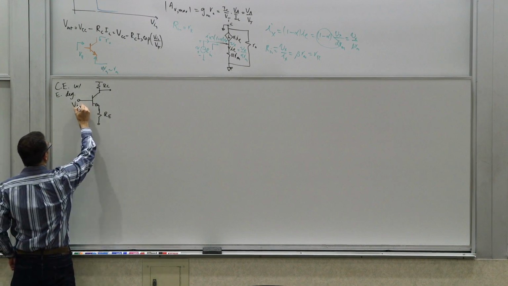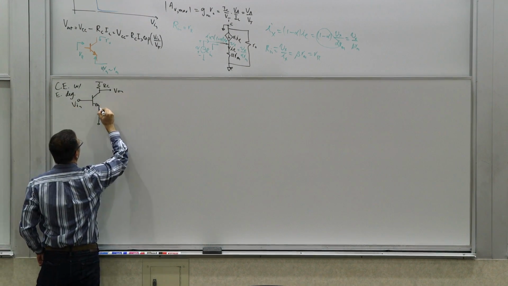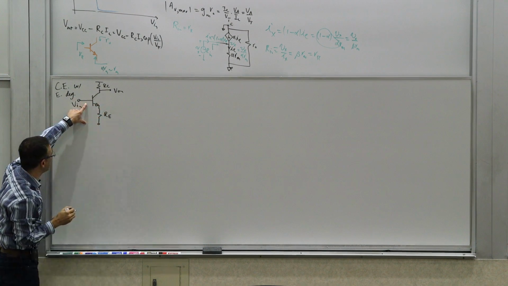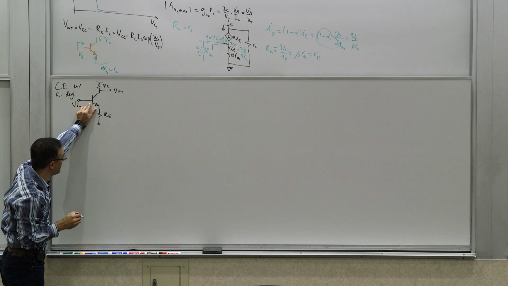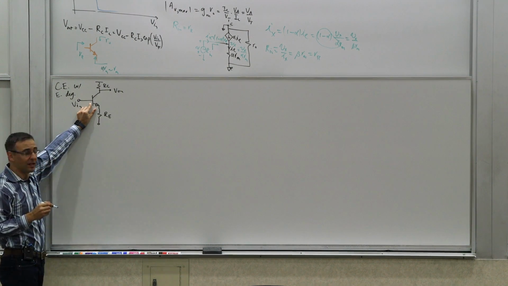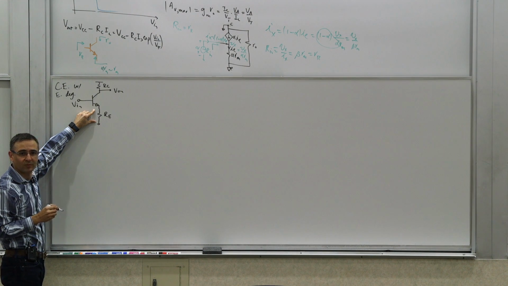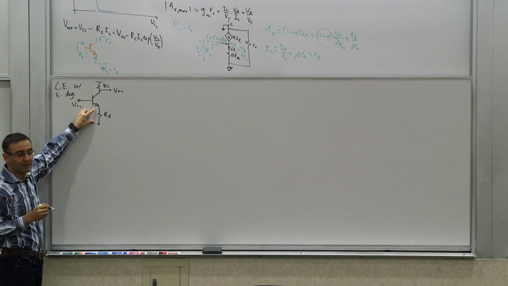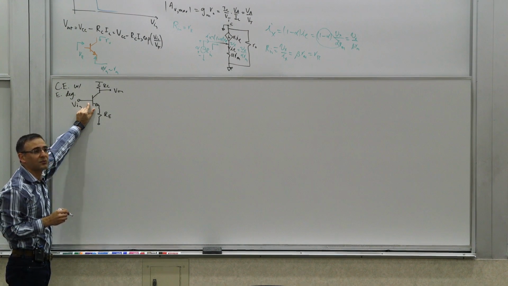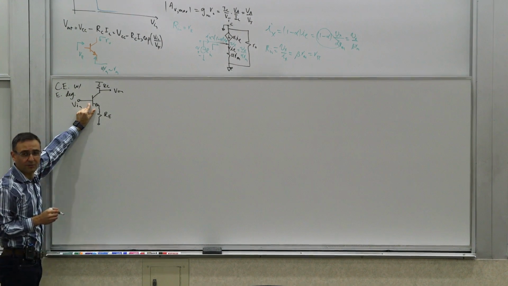So this is still V in, and this is V out. Now you have a resistor here. So what happens is that when you apply a voltage V in here, it drops across the VBE here, which in the small signal appears like alpha Rm, and RE. Right? So there's a voltage divider. This is a linear resistor, and this is a nonlinear resistor, really, which in the small signal model becomes linearized.